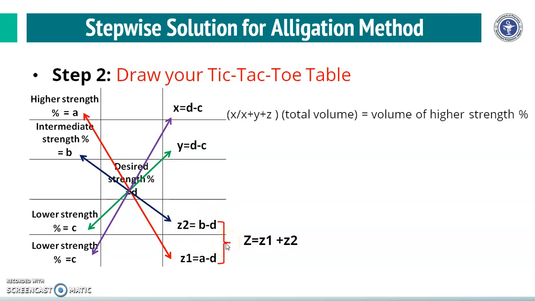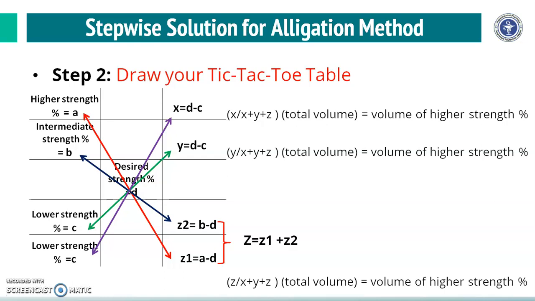Now let us see the formula for volume calculation. X divided by X plus Y plus Z. Here we get X plus Y plus Z because there are 3 ingredients. So the value of X divided by X plus Y plus Z into total volume will be the volume of higher strength required. Like this we have to go ahead.